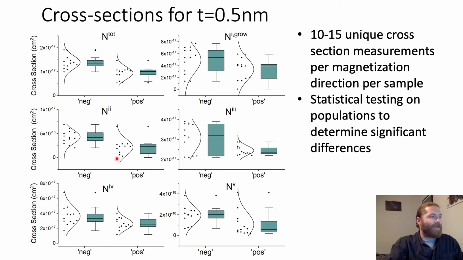So when we take measurements of these damage cross-sections at multiple different spots on the same sample, so same deposition, different spot, we take about 10 to 15 different spots in both of the magnetization conditions, and then do a statistical comparison for those cross-sections measured in both magnetization conditions, and look for statistically significant differences between those two populations.